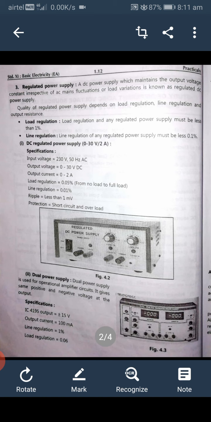DC regulated power supply 0 to 30 volt 2 ampere.